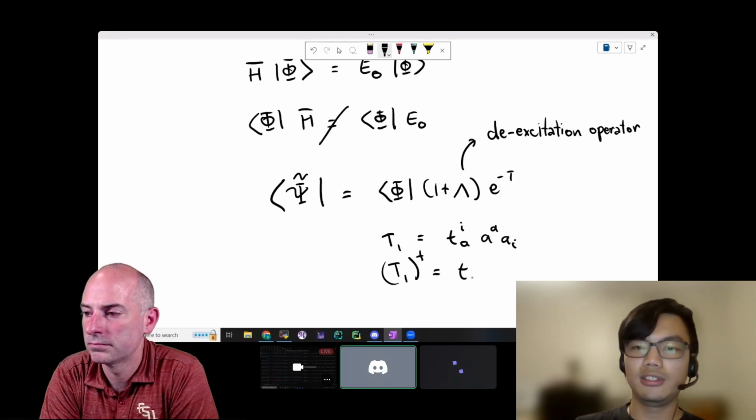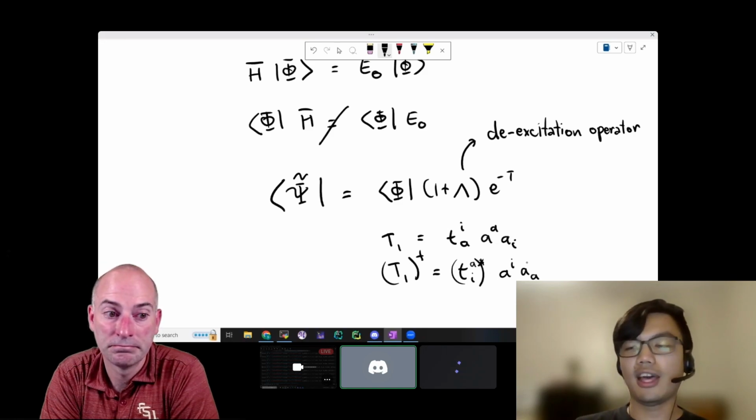Basically it's going to be t_i^a star, and when you're doing a complex conjugate of this, you have to reverse the ordering of the operator. And it looks like that.